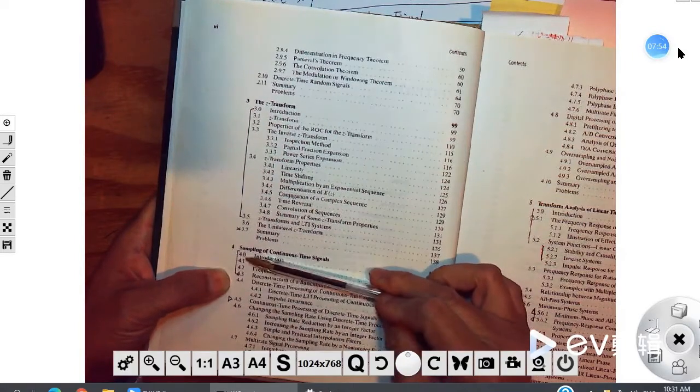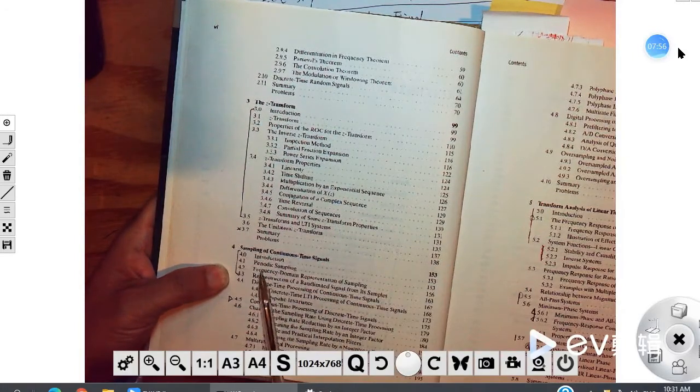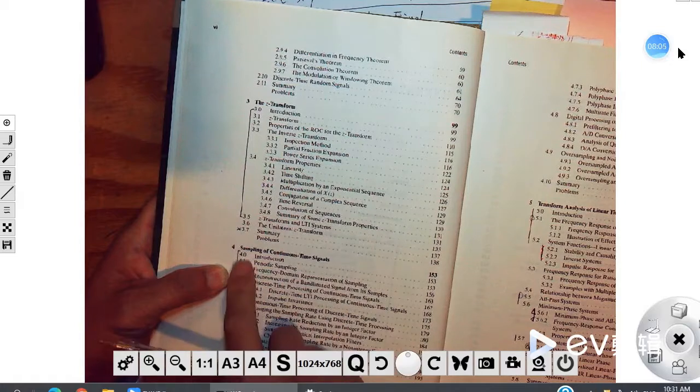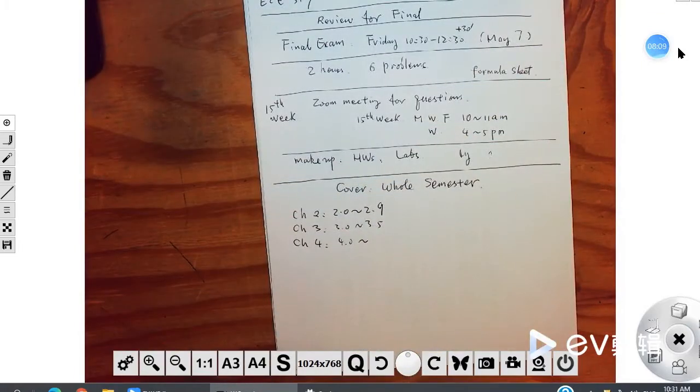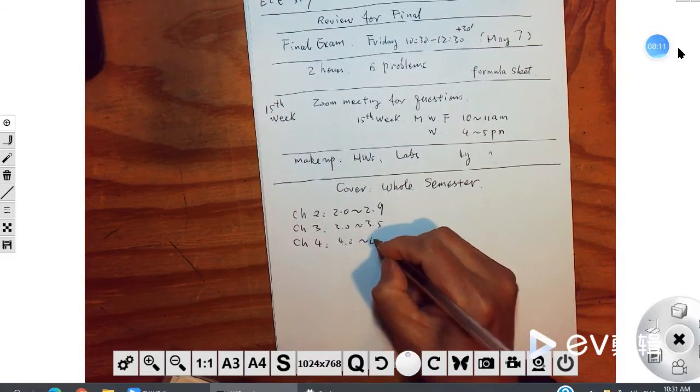For the sampling theory, we just discussed how to take samples, what happens in the frequency domain, and how to reconstruct the signal from the samples. We went over the first 3, 4 including the 0 introduction. So actually 3 sections.